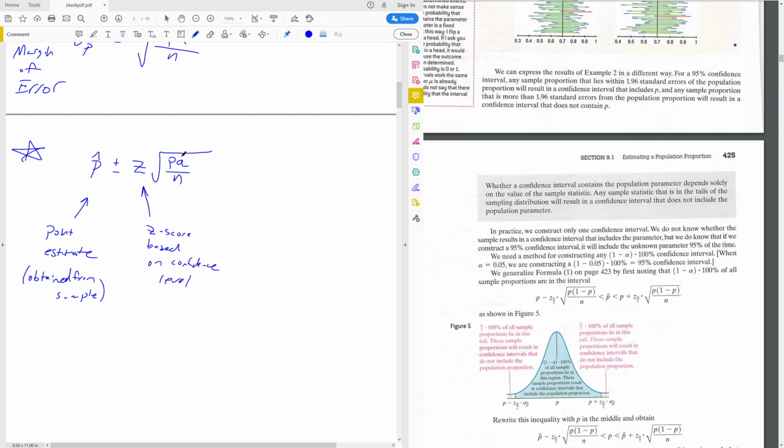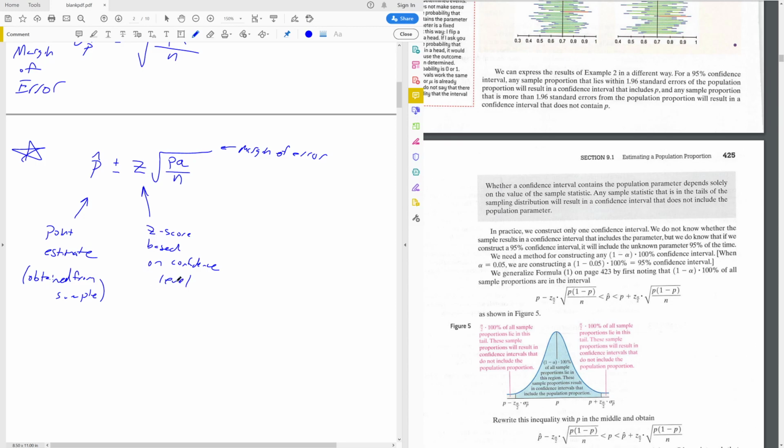Okay, and then this whole piece here is the margin of error. Okay, so number one, we kind of talked about the point estimate. We know how to do that, right? We take a sample, number of successes out of the sample size, just fine, that's the proportion.